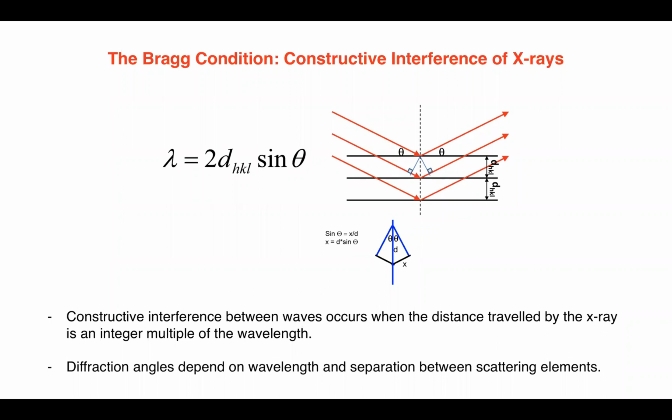These effects give you scatter patterns you can fit to determine things like this D spacing here. The D spacing in these planes is related to the angle of the scattering. So there's constructive interference, and destructive interference is an absence of signal, and you can interpret that and measure separations.